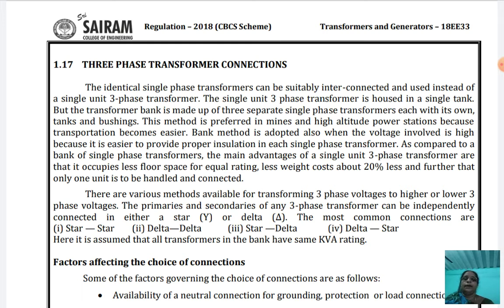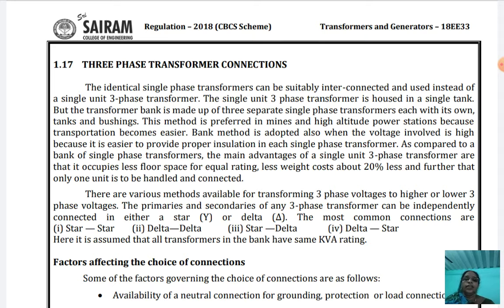That means the cost comparison between the single-unit three-phase transformer and three single-phase transformers: it costs about 20% less than the three single-phase units.